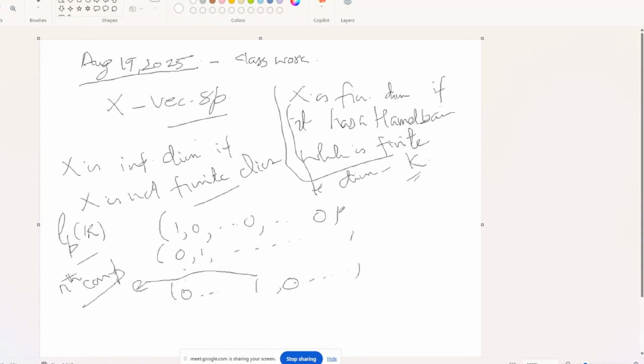How do you write this vector in sequence form? Delta, i1, the Kronecker delta. When i is 1, it is 1, otherwise it is 0.